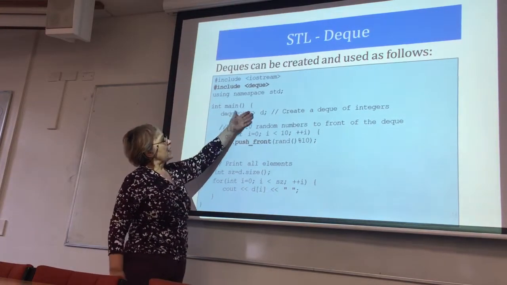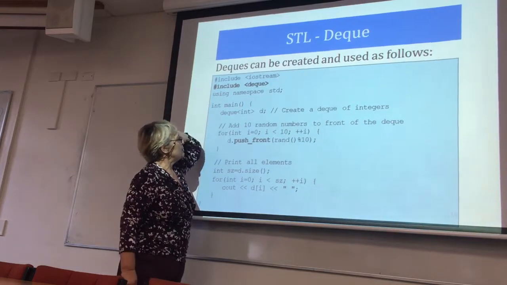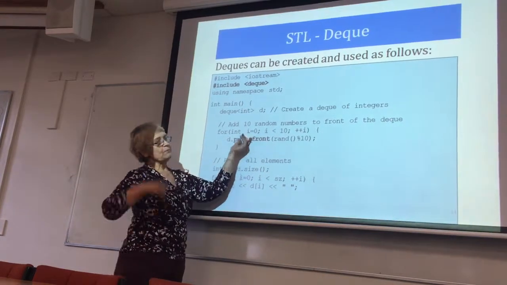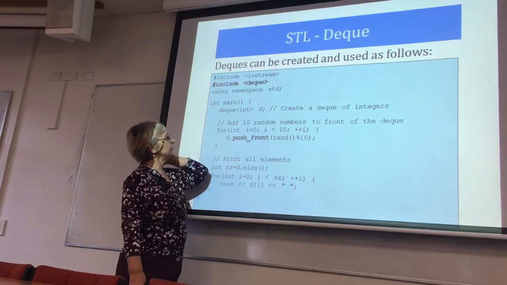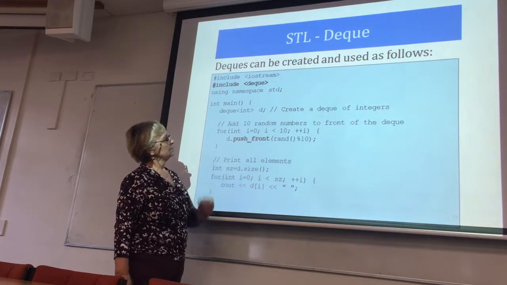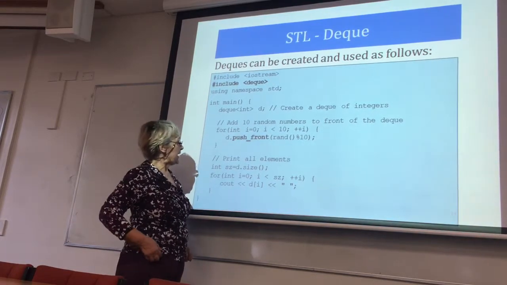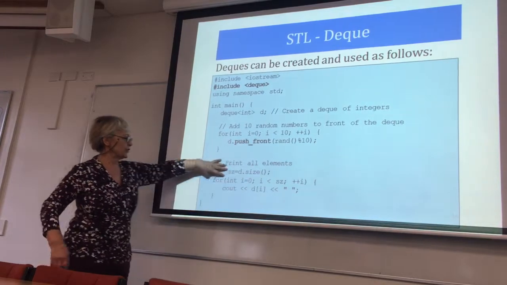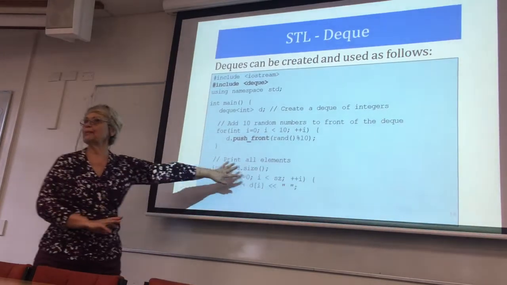This is the name of the type. You have to specify the type of the element. Now here we put elements at the front because we can, and then this code is exactly like the previous one.